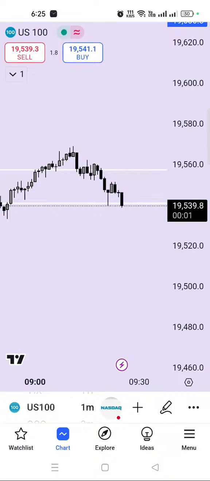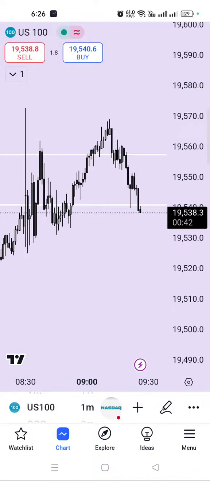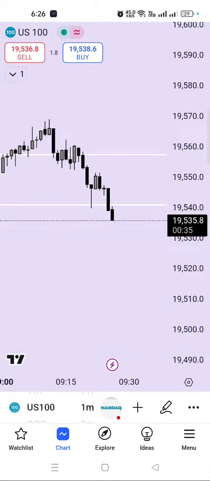The next price which is going to be relevant for today is very close, 530 and 515.